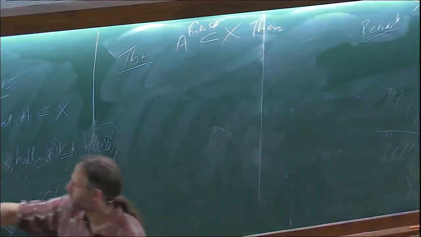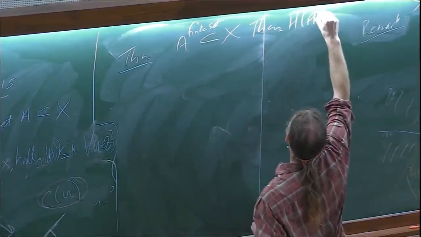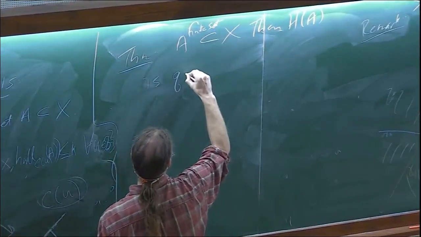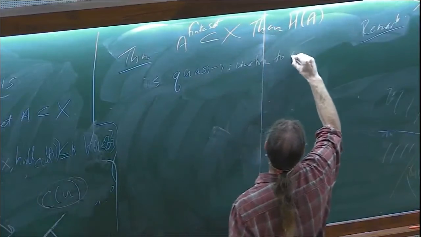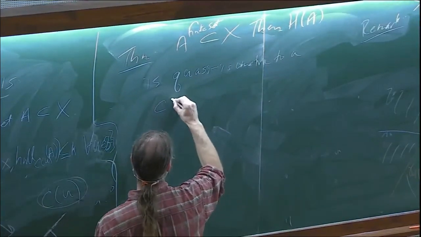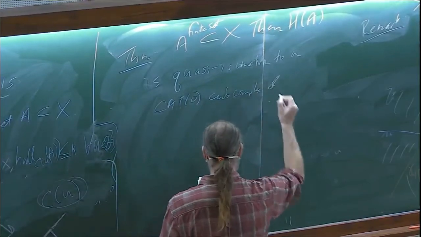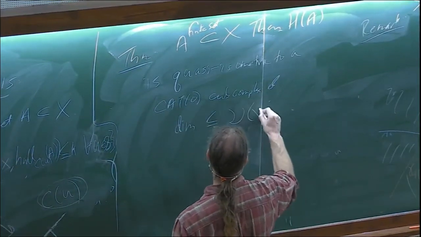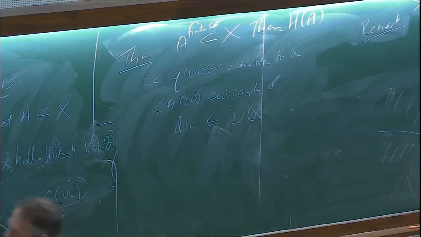there's constants here. It turns out that everything works as long as the constants are big enough. So then I'll write H of A, the convex hull of A for some large enough set of constants, is quasi-isometric to a cat0 cube complex of dimension less than or equal to this quasi-flat dimension, the maximal dimension of one of these standard orthants.